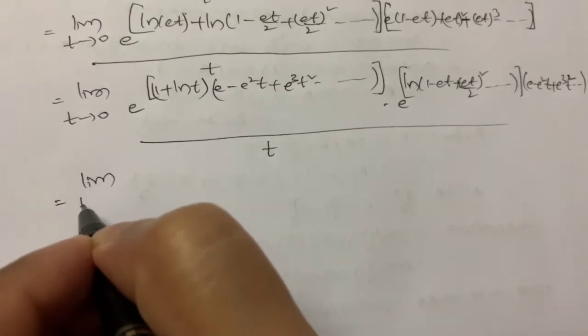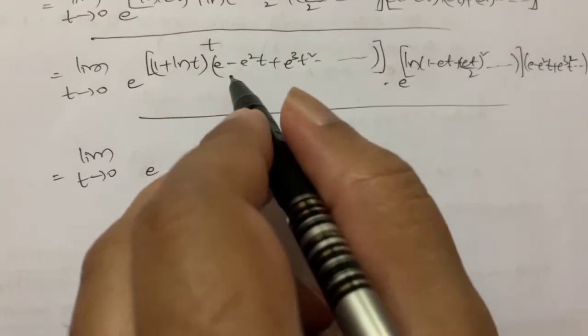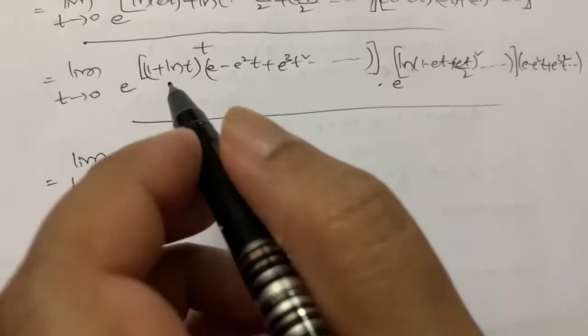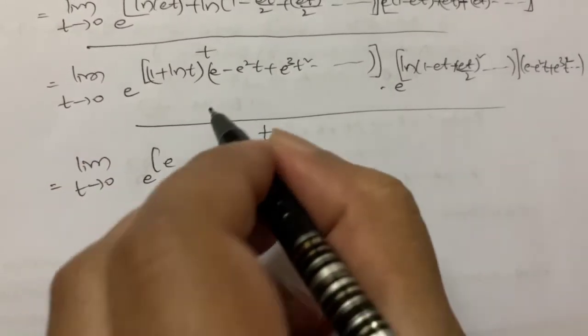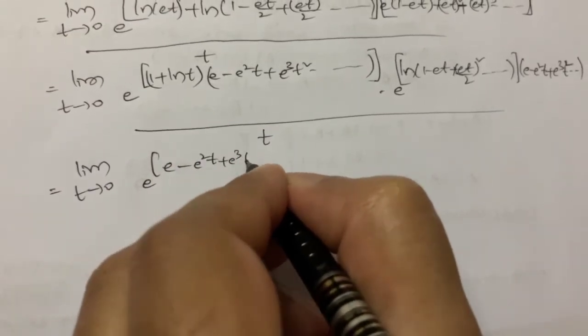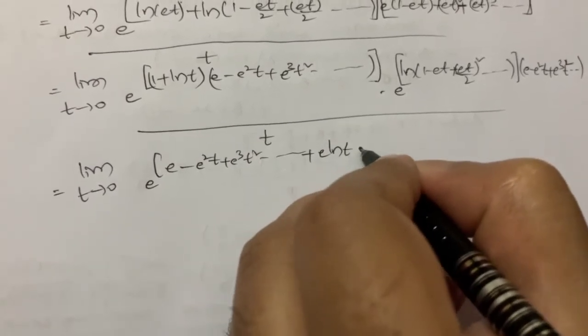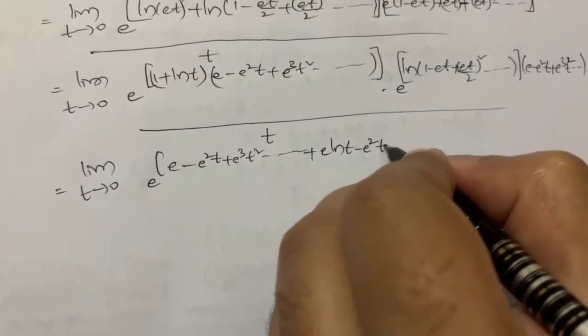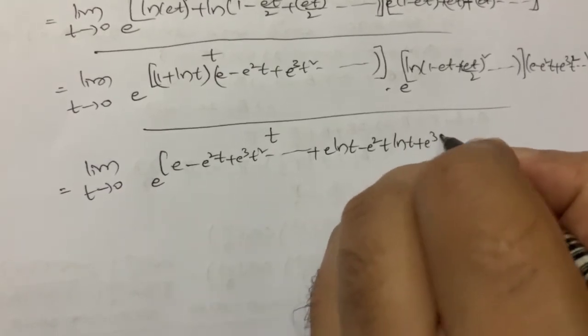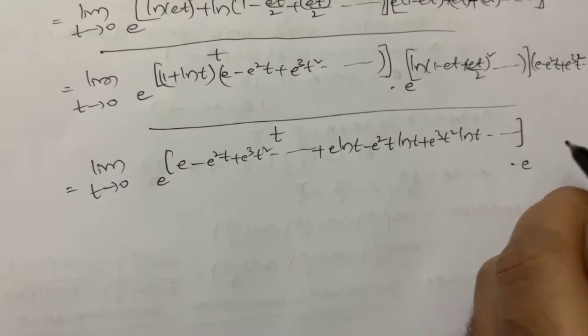limit t tends to 0, e power e minus e square t, e cube t square so on plus e ln t minus e square t ln t plus e cube t square ln t so on into e power.